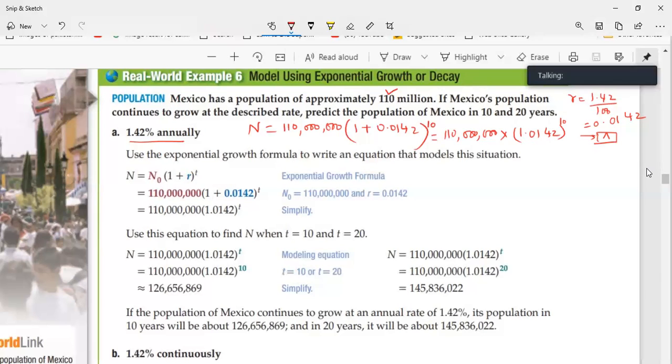Your answer will come as something like 1.15142, times 110,000,000.